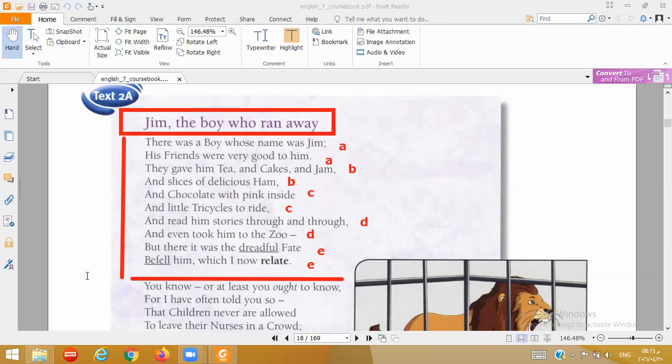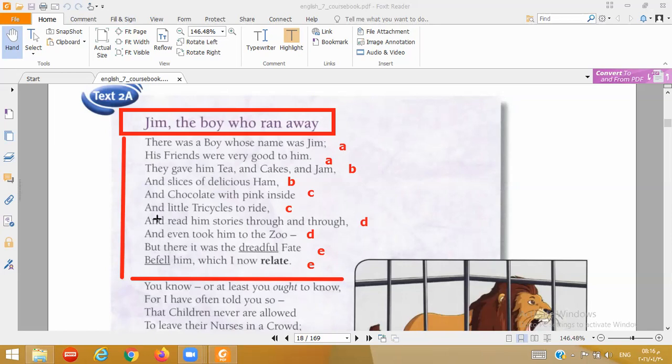His friends were kind and friendly, and they gave him food and took Jim with them for trips to the zoo, but he didn't know there was a bad fate waiting for him. That's what I remember from the first lines.